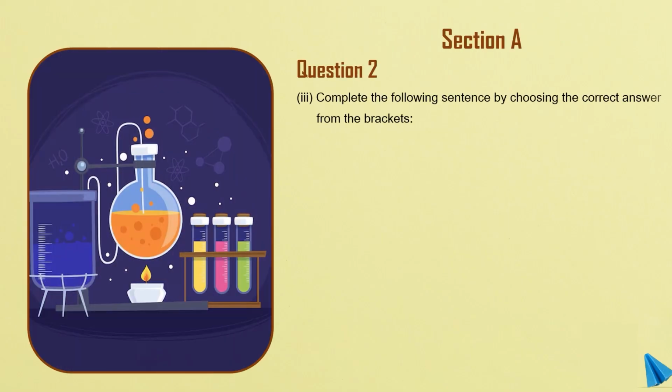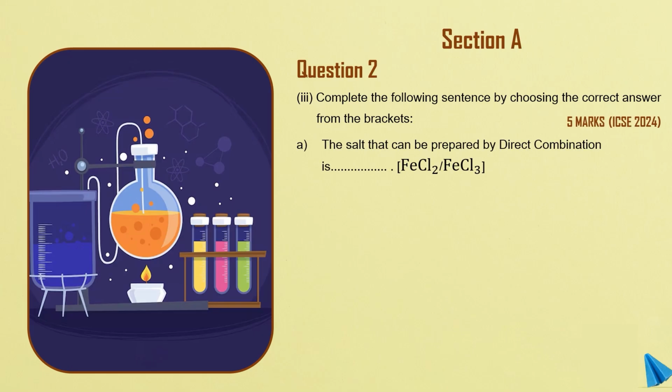Question 3 from your main question 2. Complete the following sentences by choosing the correct answer from the brackets. This question is again asked for 5 marks. The first says the salt that can be prepared by direct combination is dash, FeCl2 or FeCl3. Question 2.